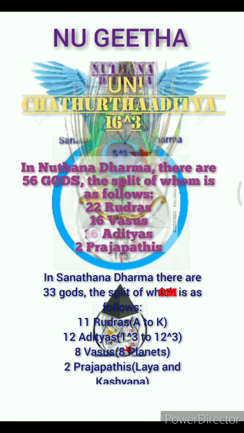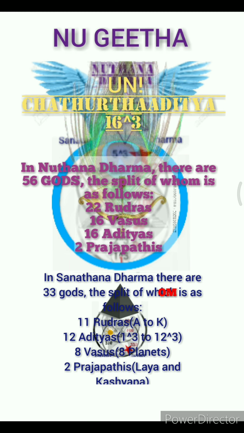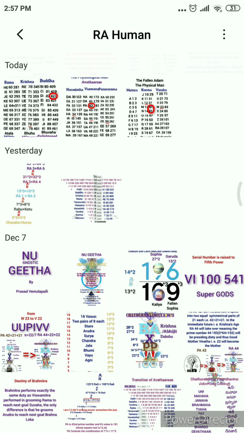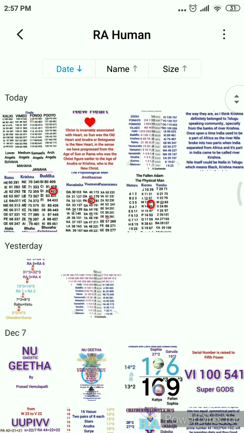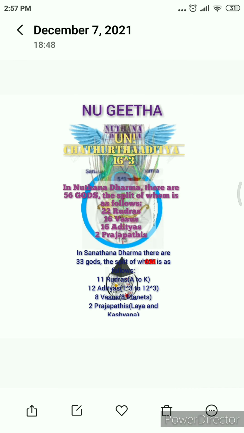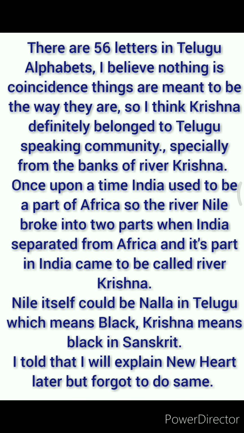So that explains the 16 here. 2 is Brahma and Daksha, of course. That's the reason why I had 56 gods.